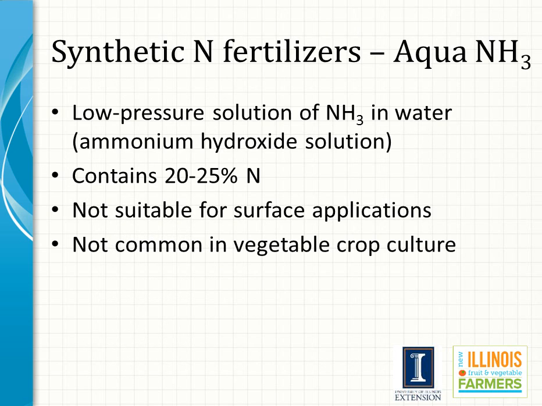Aqua ammonia is a low pressure solution of ammonia in water containing 20 to 25% nitrogen. It must be incorporated into the soil or volatile losses of fertilizer nitrogen can be great. Like anhydrous ammonia, aqua ammonia is not frequently used for vegetable crop culture.